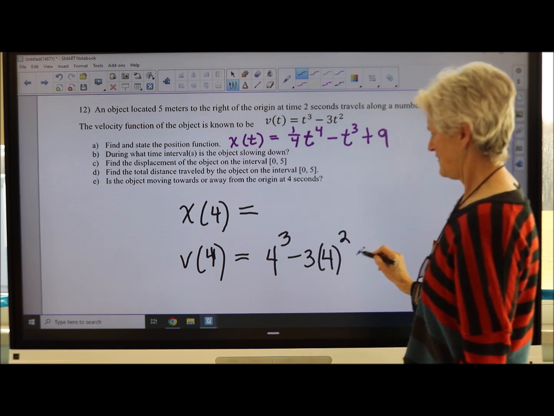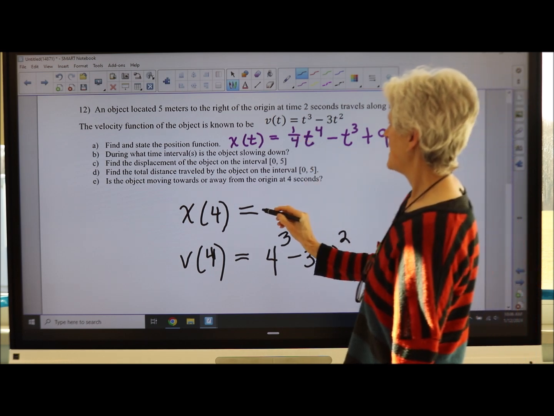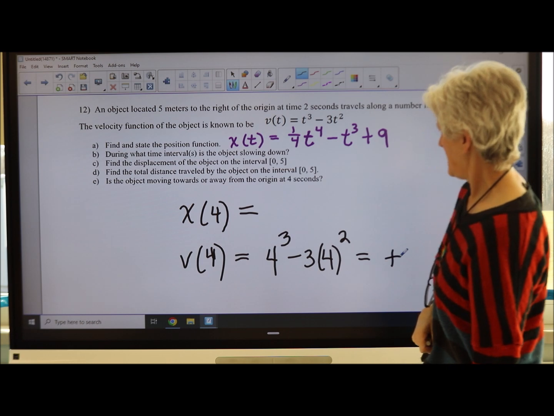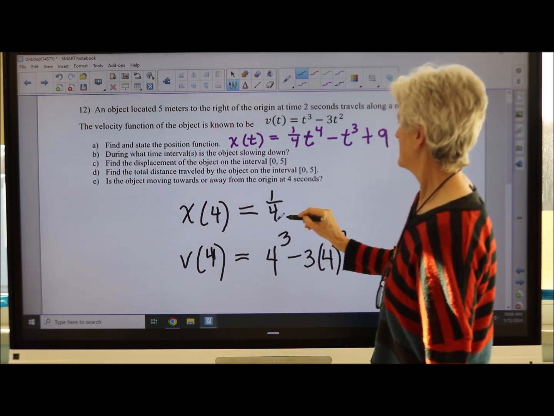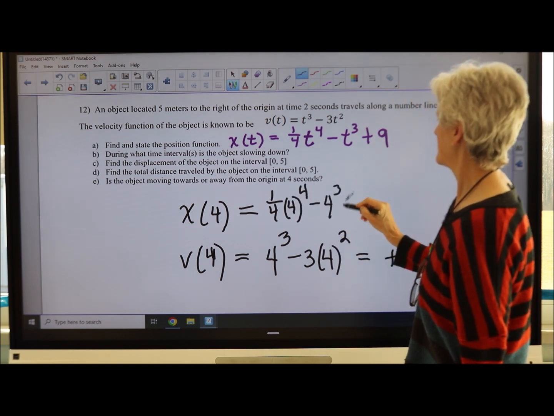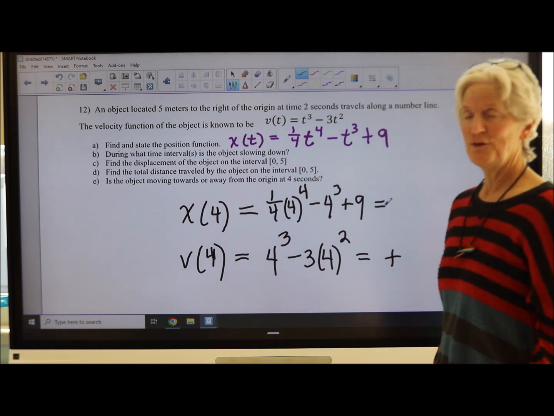And I think you can very quickly see, oh, that's going to be some positive value. And we can sub in 4 into our position function. Let's go ahead and look at that. You can certainly use your calculator or the calculator in your brain. I think we can just use our brains here.